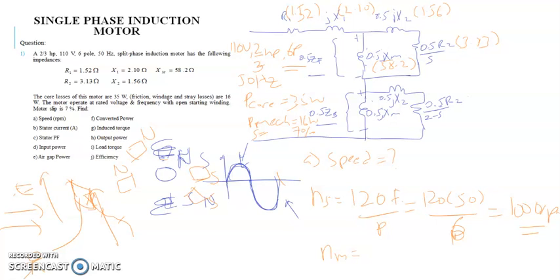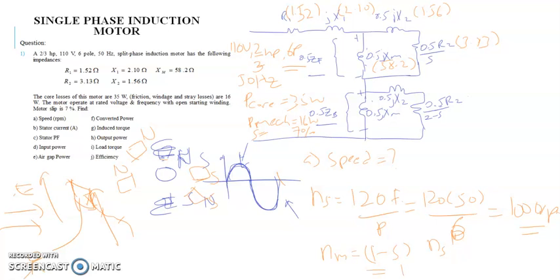Means that the rotation of your mechanical shaft will follow your electrical frequency or electrical cycle in a certain gap. So mechanical speed is equal to 1 minus slip times your synchronous speed.